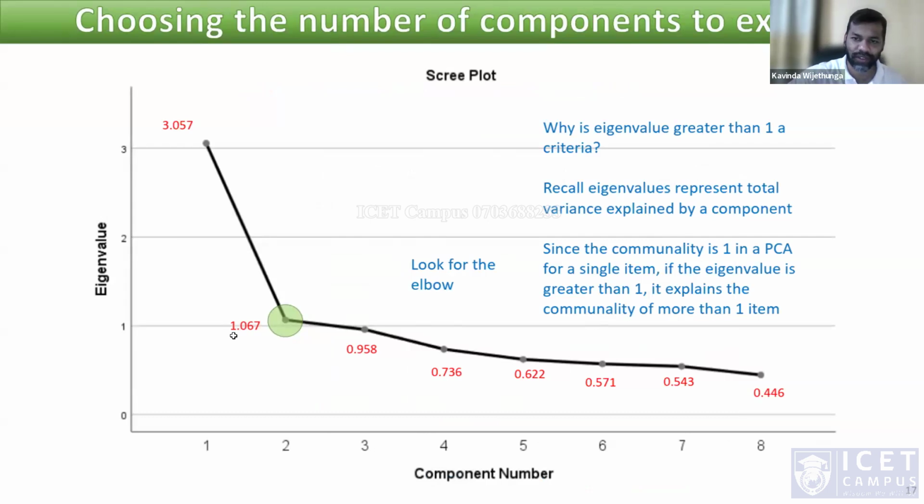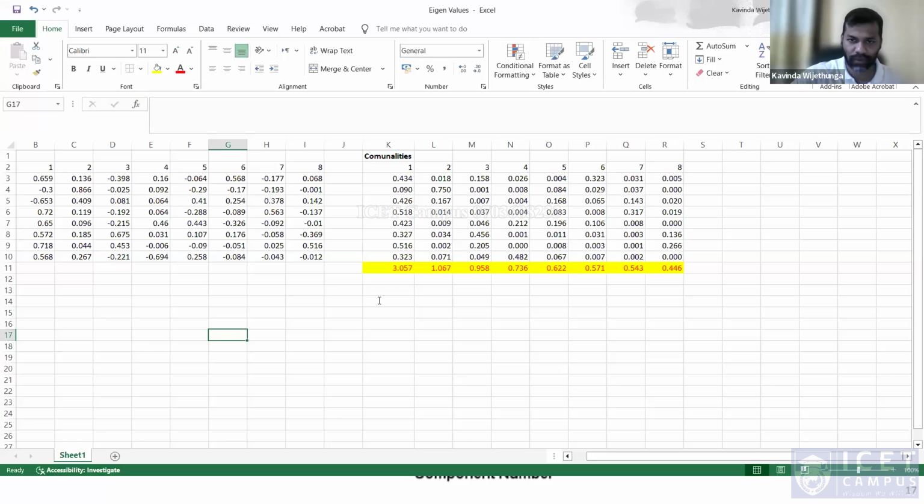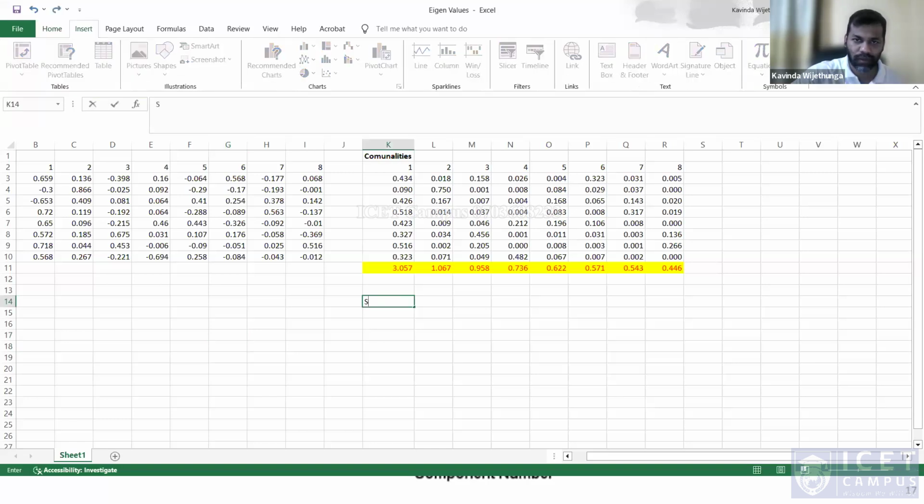Right, I will take this for the scree plot. I want to take the values for the scree plot, 1, 2, 3.